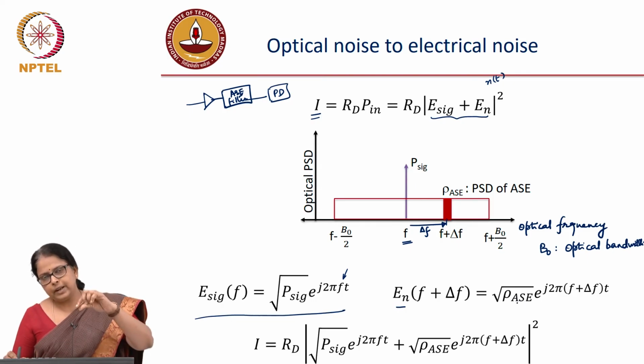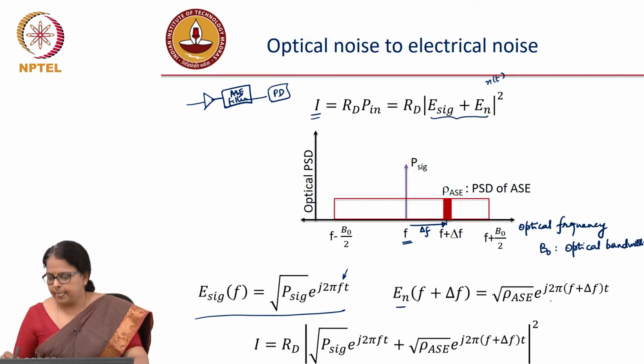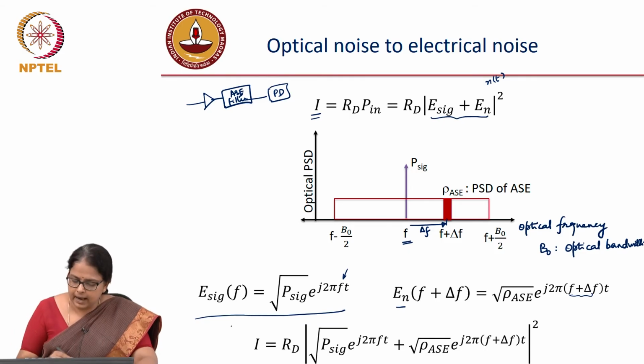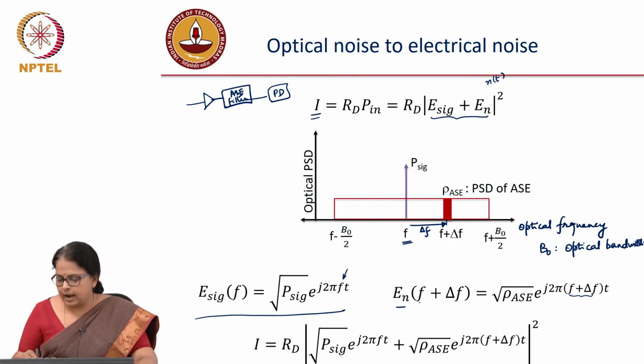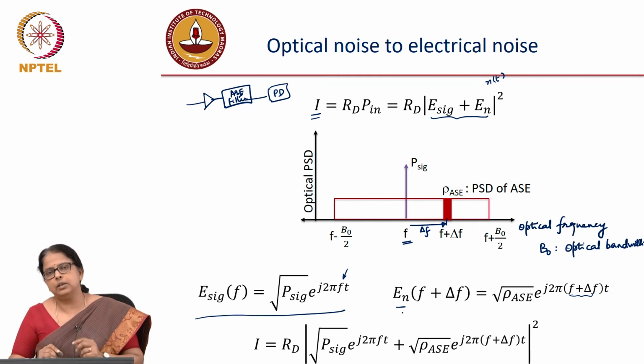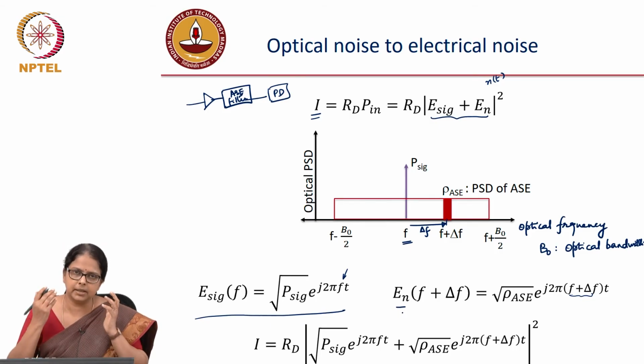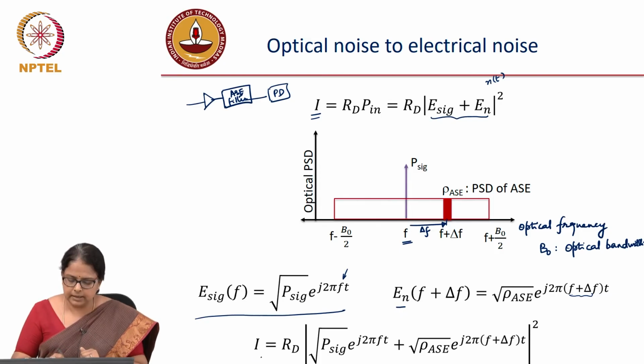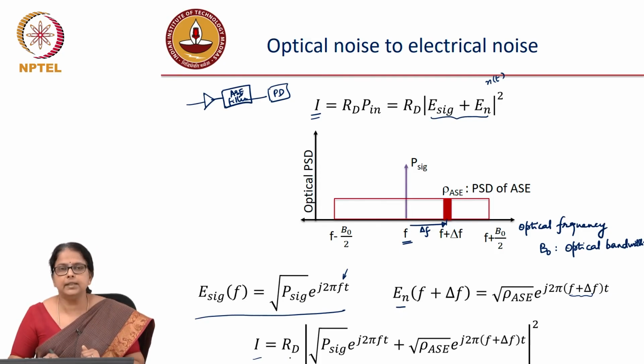Because the width is very small, the power is the same as the power spectral density. So if I have a signal field at f and a noise field at f plus delta f, and I try to find out the consequence of having this signal field and the noise field simultaneously falling on the receiver, that is my current I, which is easy to find out.